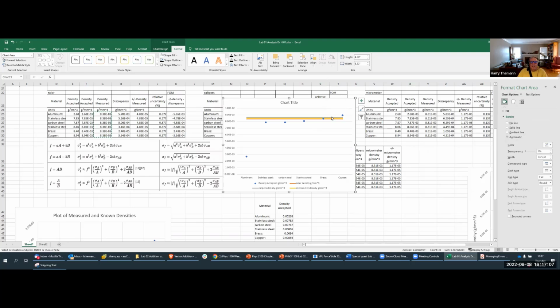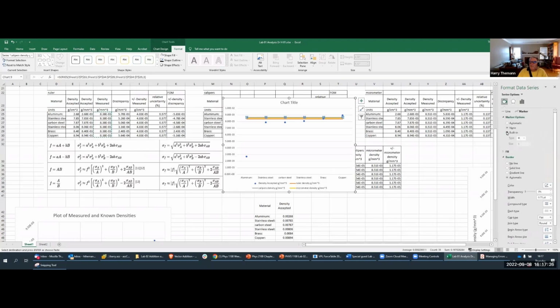And now I do want the line, but I want to make it really thin. And I do want a marker, and I want to make them quite small, because if I don't, you'll see later on that the error bars can't be seen. I'm going to go a little quickly because, again, you guys can go to the recording.